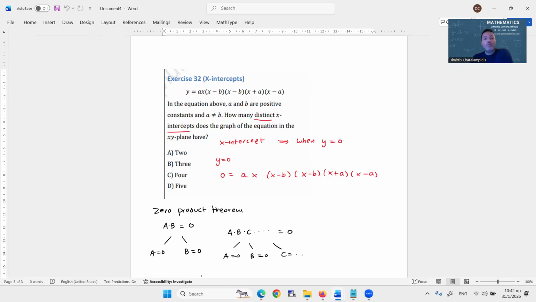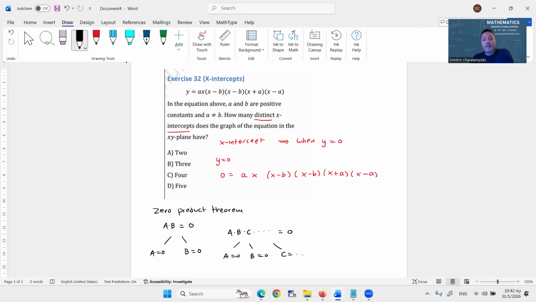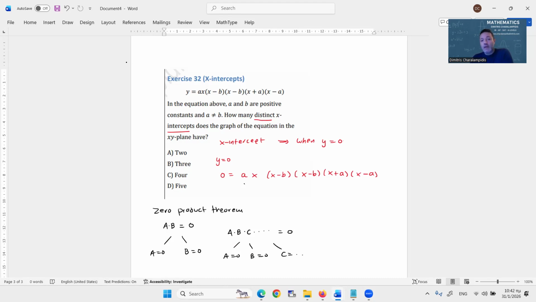In this case, we have to identify the factors.